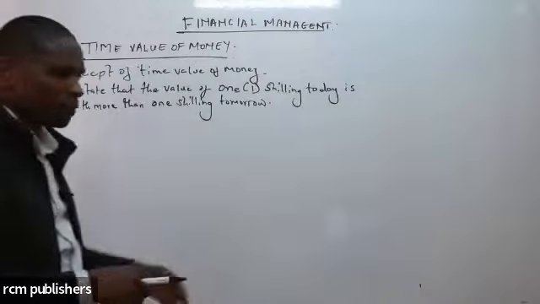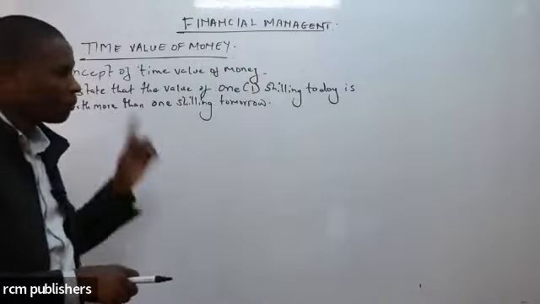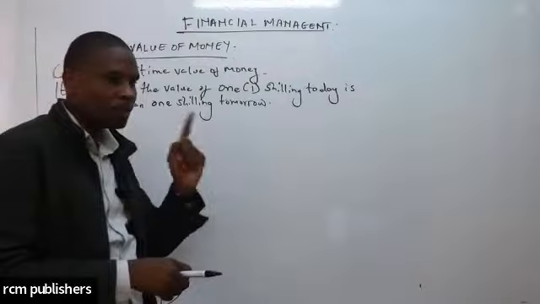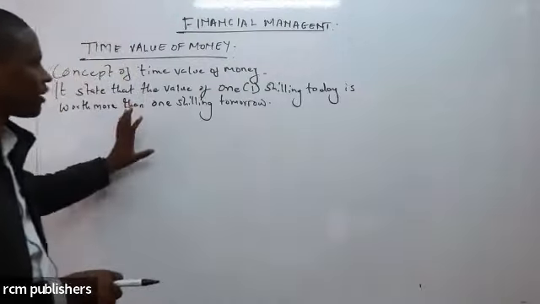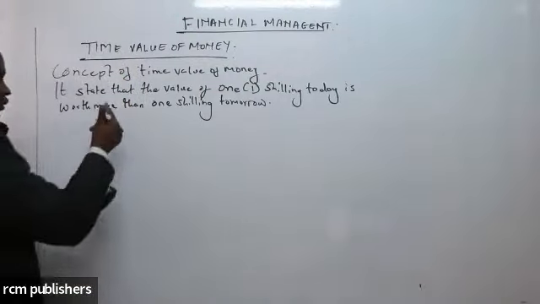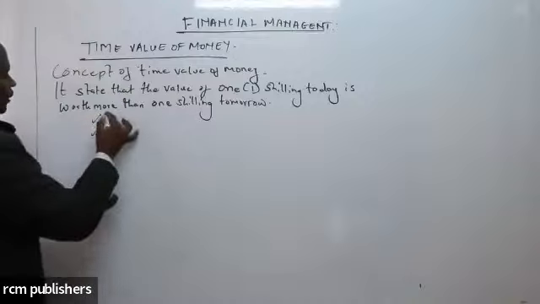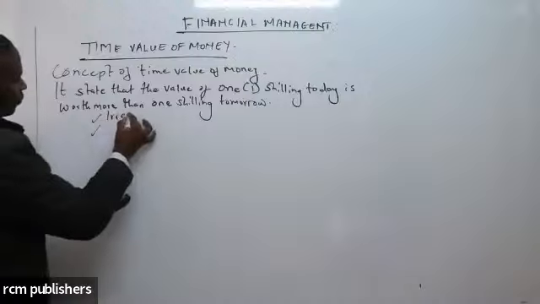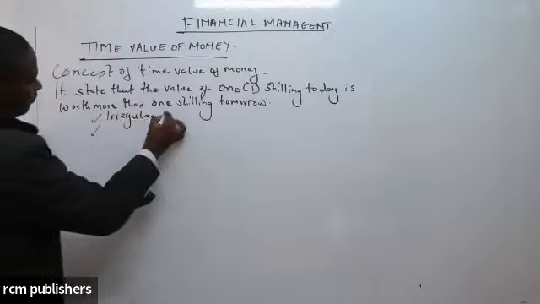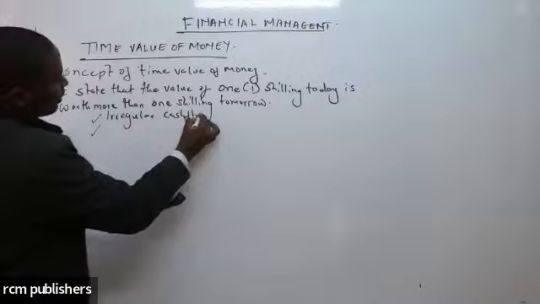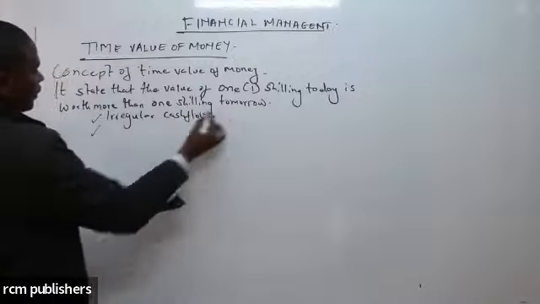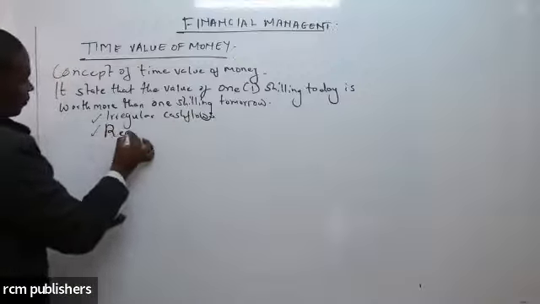Now, this is topic number 4 in your syllabus. You'll find that you have types of cash flow that you'll be dealing with. The first one is irregular cash flow, and the other is regular cash flow.